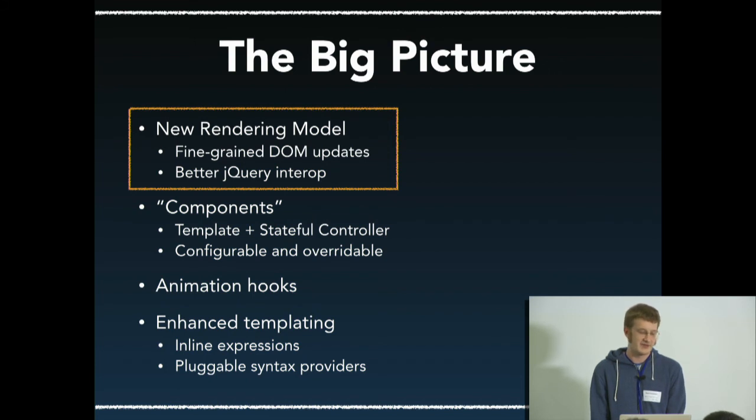These other 3 points are stuff that's coming down the pipe. It's stuff we're thinking about. Components, where you can marry a template to a controller, meaning you have some local reactive state, you have some logic that makes your template modular, and making these configurable and overrideable, which is really, if you do some deep thinking about what it means to have a UI component, a lot of it is how do you make this reusable in different contexts.